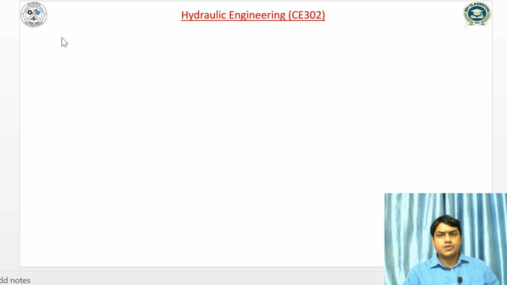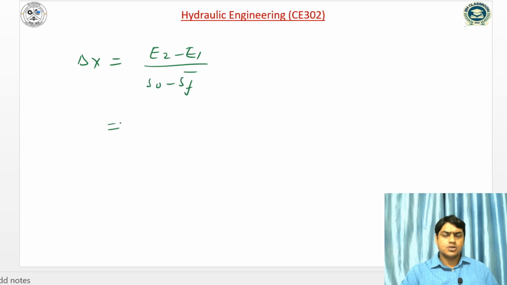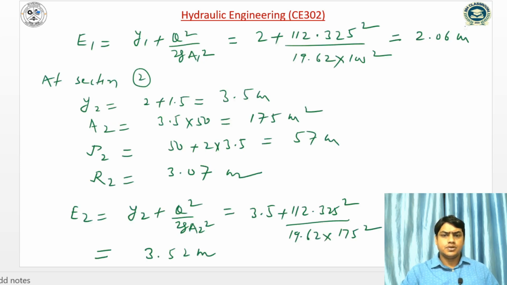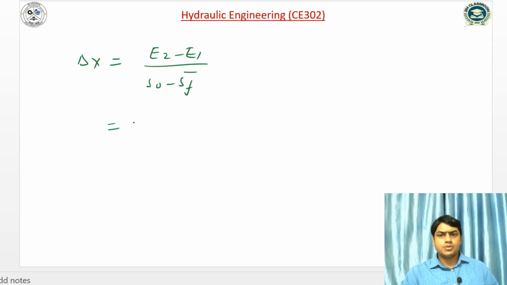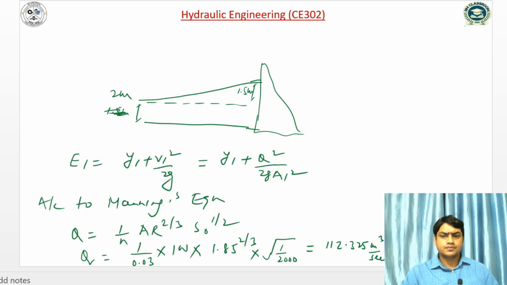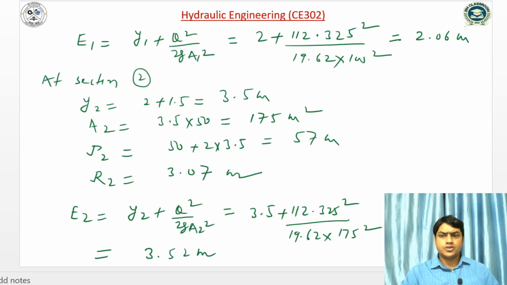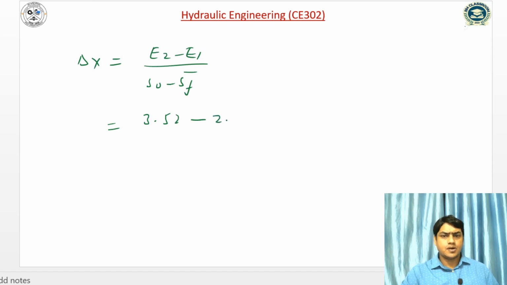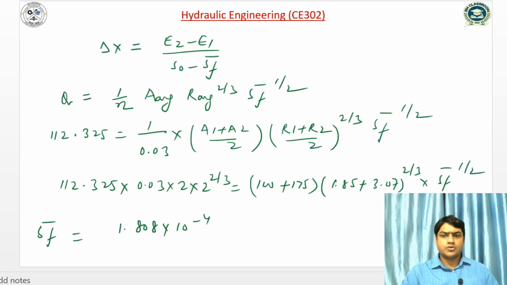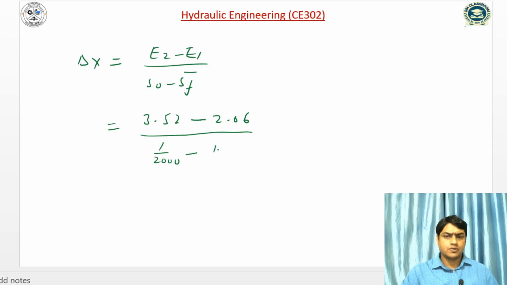So delta x can be computed as E2 minus E1 divided by S0 minus SF bar. E2 is 3.52, so it will be 3.52 minus E1, E1 is 2.06, divided by 1 by 2000 minus SF bar, SF bar is 1.808 into 10 to the power minus 4.